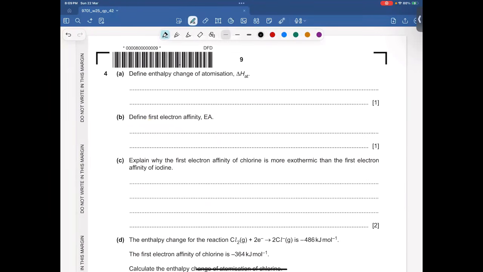Define enthalpy change of atomization. That's an easy definition. And this definition we have done in A1. Atomization is always endothermic. Remember that.